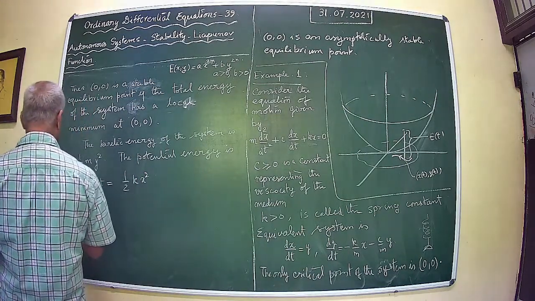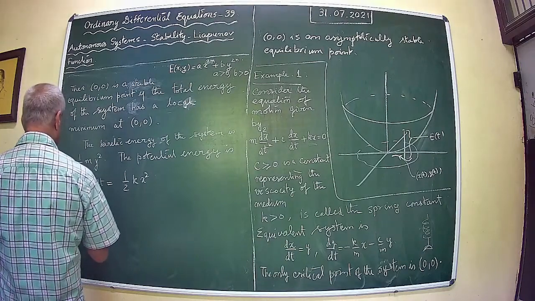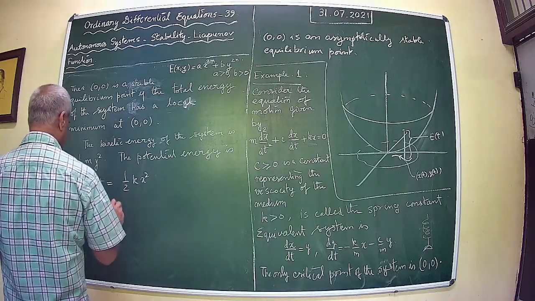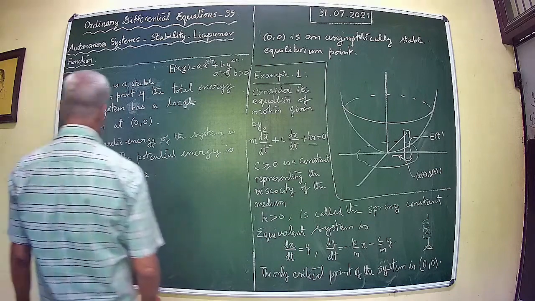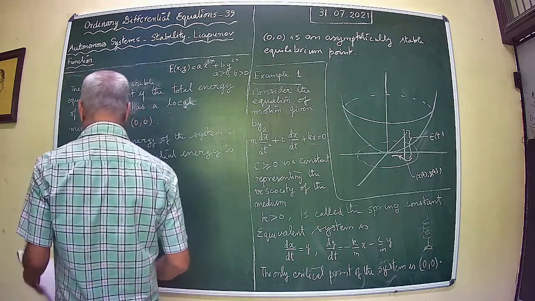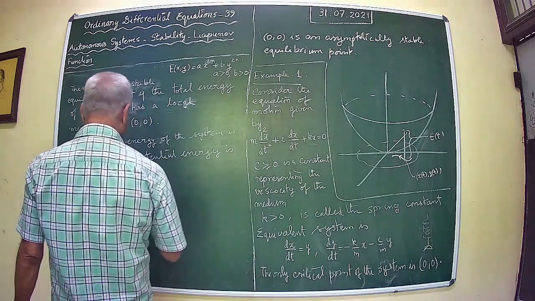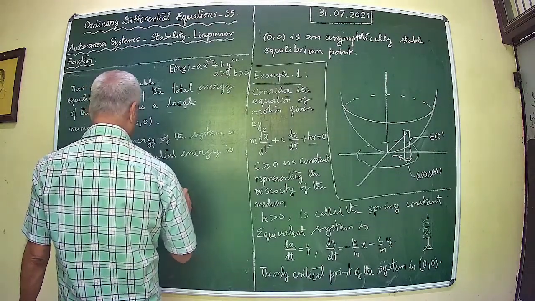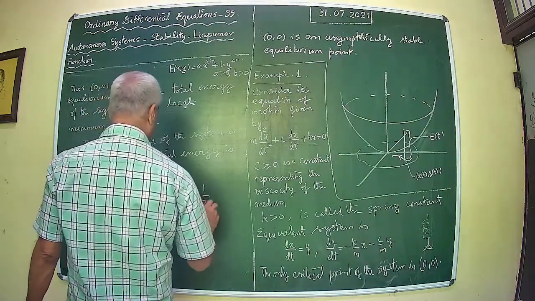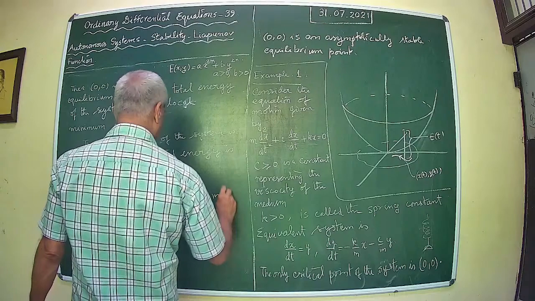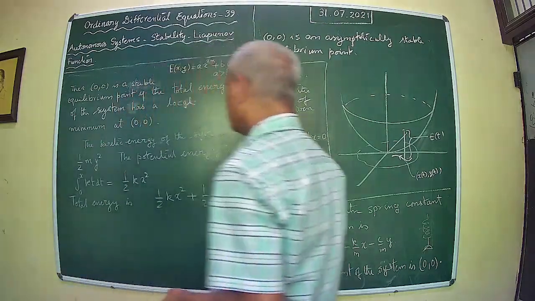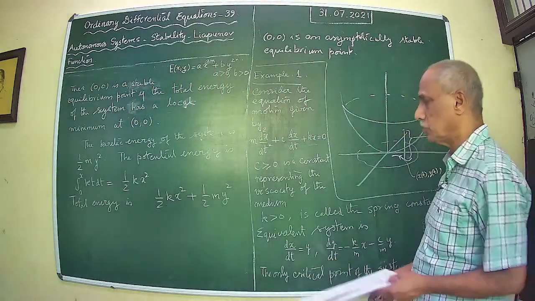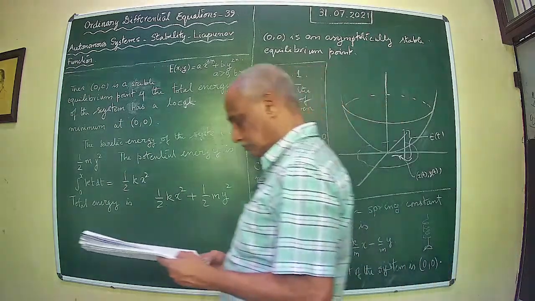Therefore, the total energy is kinetic energy plus potential energy. So what you have is half k x square plus half m y square. So this is the total energy. Okay.